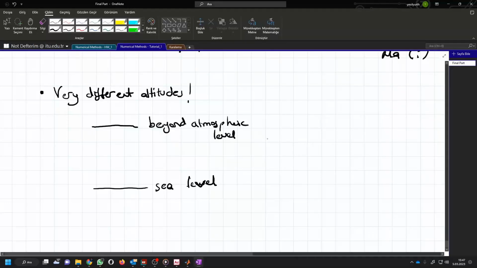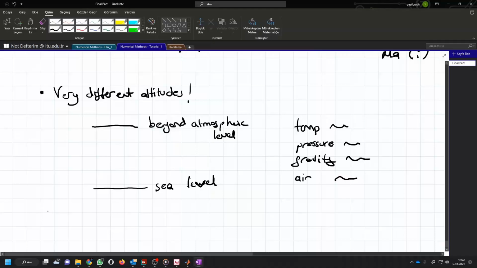So temperature is changing, pressure is changing, gravity is changing, air density is changing, so everything is being changed.